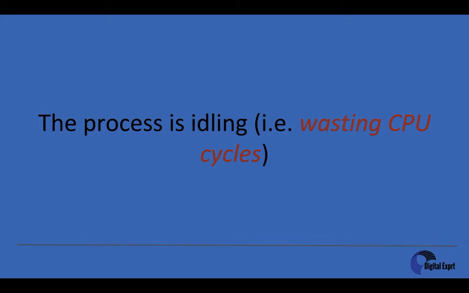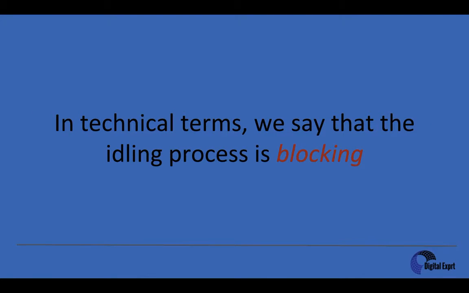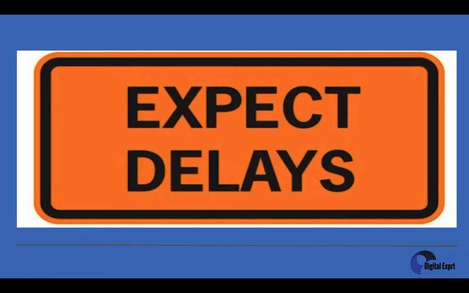And the bottom line is it's wasting CPU cycles. It's not doing anything useful. In technical terms, such a situation can be described with the term blocking. The idling process is actually blocking. And when that occurs, we can expect delays.